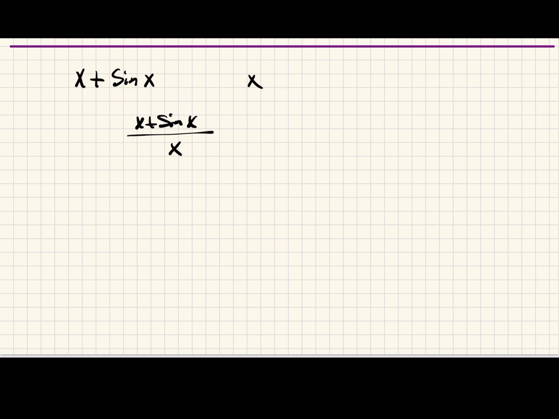Well, what's the biggest that sine x can be? The biggest it can be is 1, right? So what I'd have is x over x, and if x is getting big at positive numbers, going to infinity, well, the x over x is going to be 1, no matter what x is.